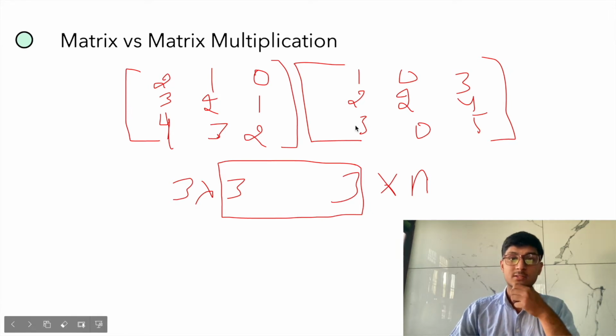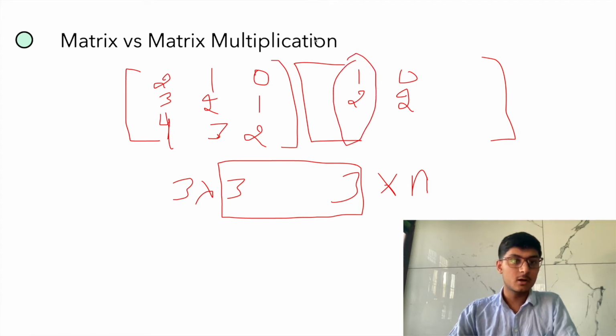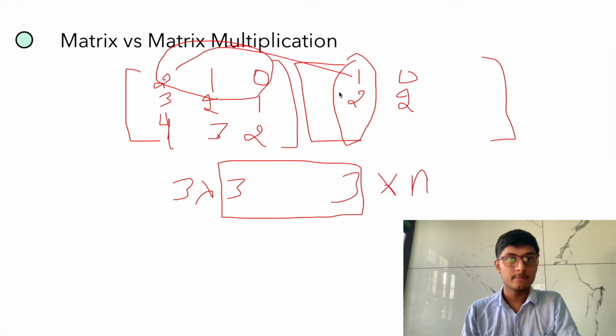So what happens if we, let's say, try to multiply a 2 cross 2 matrix with this? So this will be wrong, since this whole column will be multiplied by this whole row.